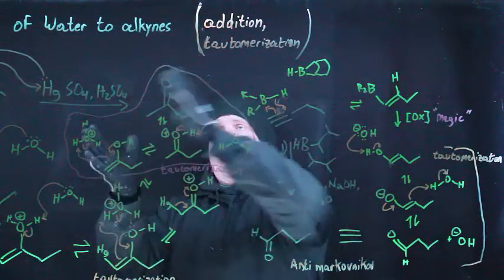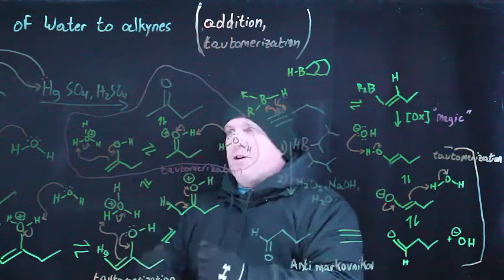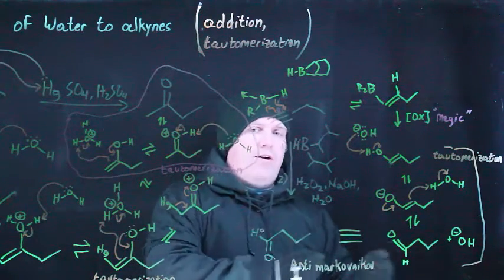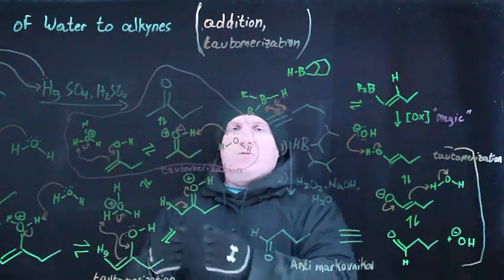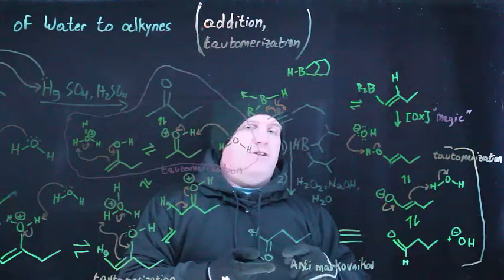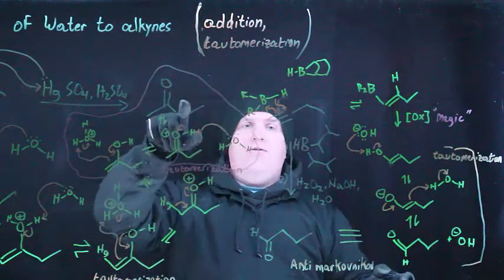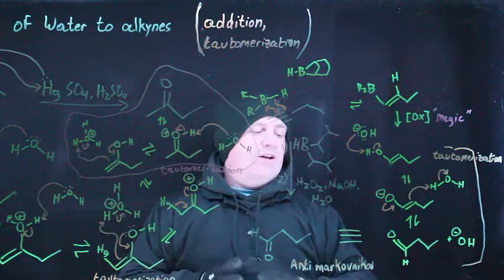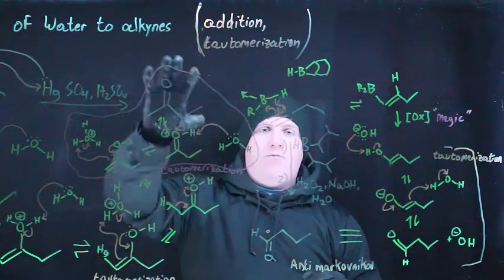But big picture, if you add water to an alkyne, what happens is first you do an addition of water and then tautomerization takes place. And since what you make in the first step is an enol, what you end up making at the end is the tautomer of it, either an aldehyde or a ketone, depending on whether you added water via the anti-Markovnikov pathway or the Markovnikov pathway.